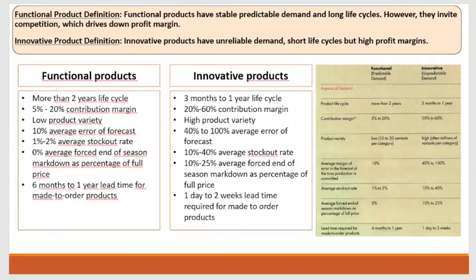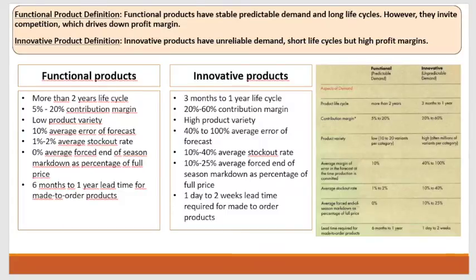So first of all, we have to understand the basic difference between functional and innovative products. A functional product is one that has stable demand, long life cycle, but with low profit margins due to the high amount of competition.